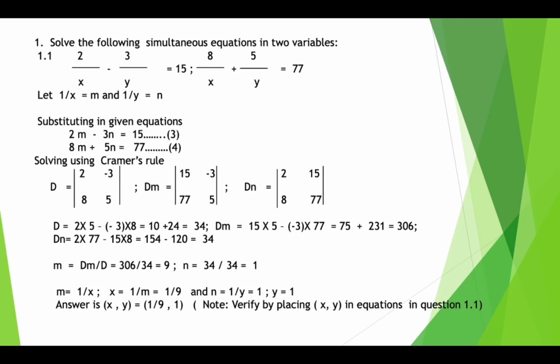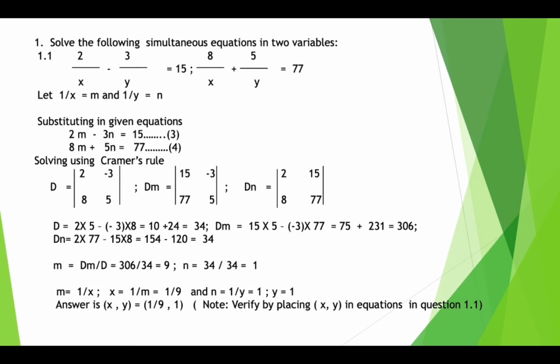Cramer's rule, coefficients: d is a determinant of coefficients 2, 8, minus 3, 5. Then the determinant for calculating m: 15, 77, minus 3, 5. Determinant for calculating n: 2, 8, 15, 77.